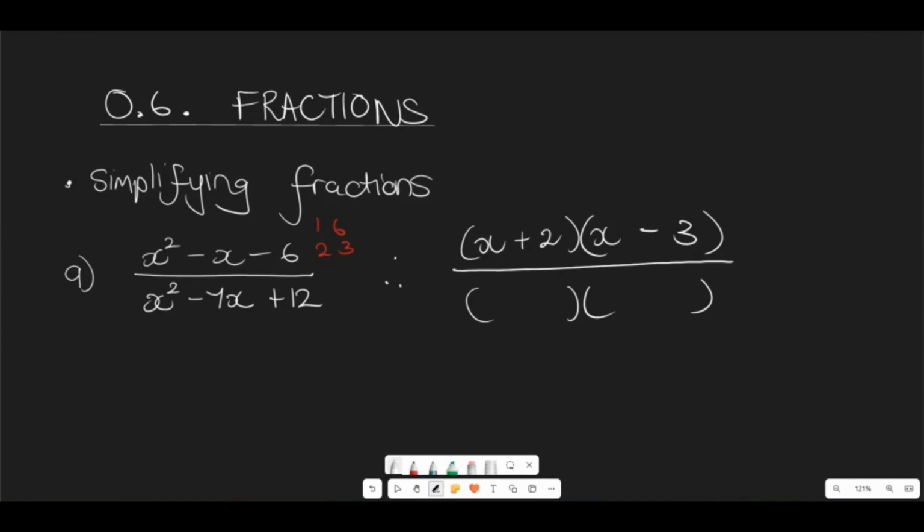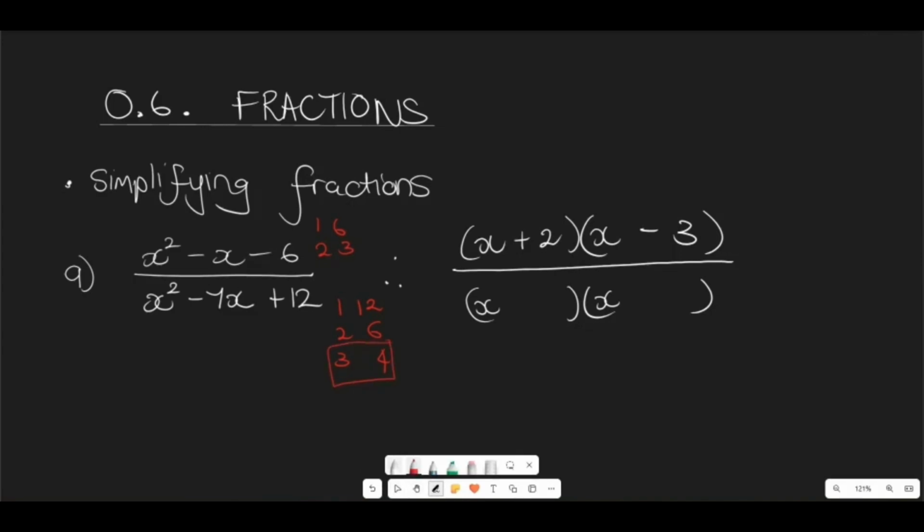Check. Okay, so let's go over to the denominator. So the denominator, we have our x as well. We can distribute those ones. And then now we just need to find multiples of 12 that will give us a -7. So we can say 1 and 12, 2 and 6, 3 and a 4. So the only one we can use over here is the 3 and the 4.